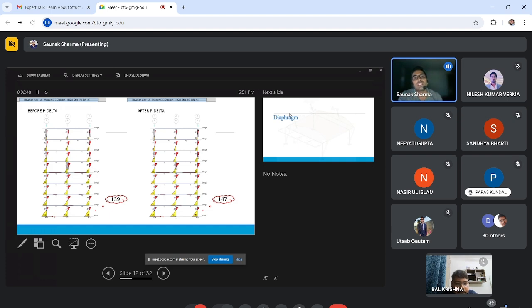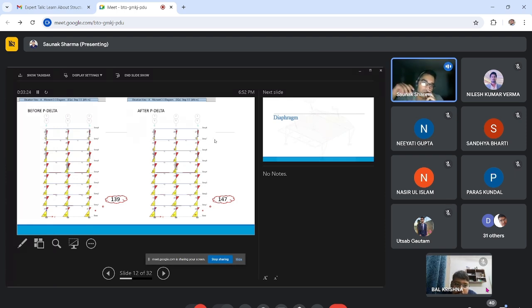But in general professional practice, up to a 10-story building, the P delta effect is not so significant that it will change the design and result. But when it crosses 10 stories, between 10 and 20 stories, there is a significant effect, and after 20 stories it is crucially important; we should not miss this P delta analysis.